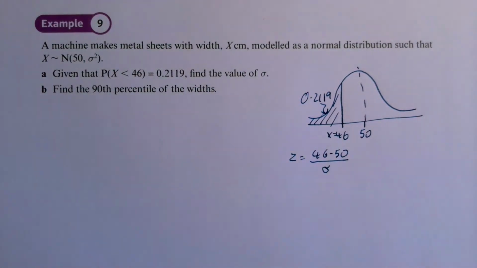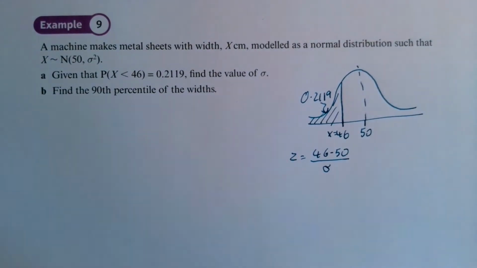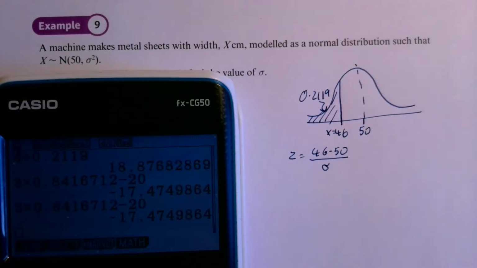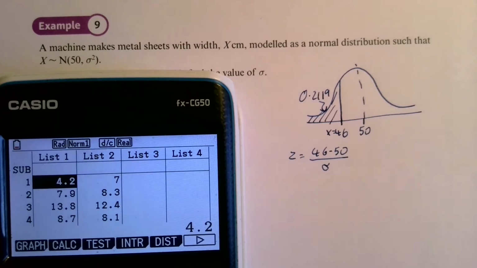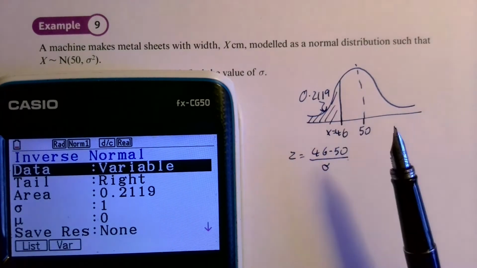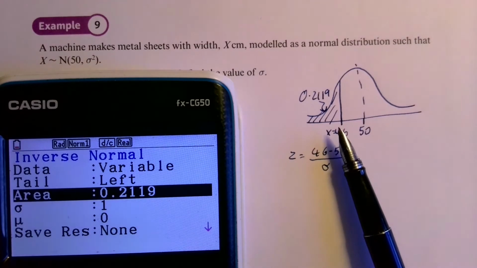But we need to find out what that z is before we can work out what the standard deviation is. So if I go back to stats mode, statistics, and we go distribution, normal, inverse. So we've got a left tail, we have got an area of 0.2119.